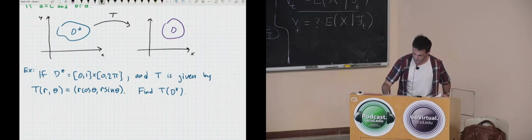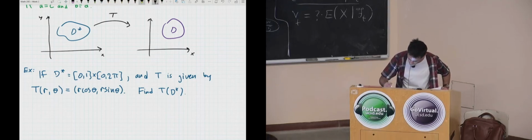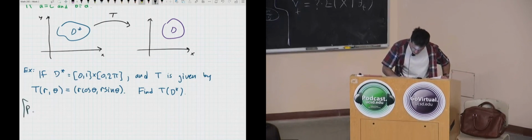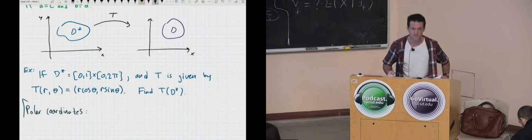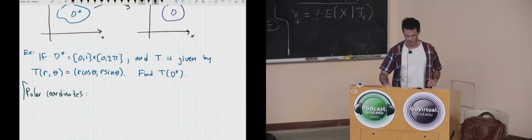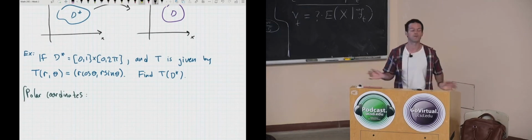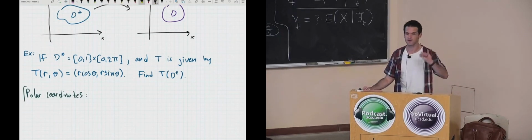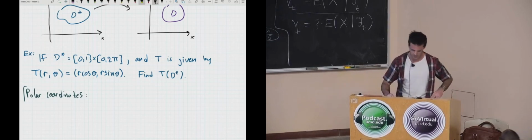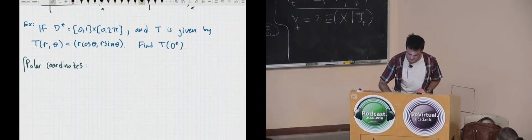Let me review polar coordinates for a moment. These polar coordinates are going to keep coming back. You're going to need a firm grasp on polar coordinates before you can even start to mess with cylindrical and spherical coordinates. So let's do polar coordinates first.